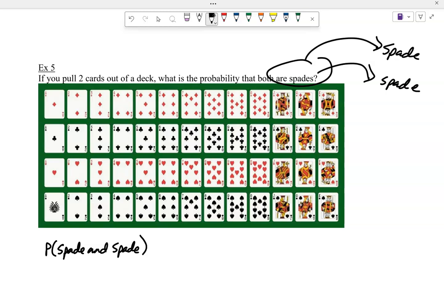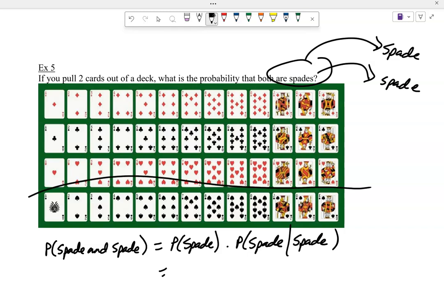So this is a dependent event. The probability of pulling a spade times the probability of pulling a spade, given I already pulled a spade and did not replace it. So how many spades do we have? Good, 13. There are all the spades. 13 out of 52 is the probability to pull a spade.